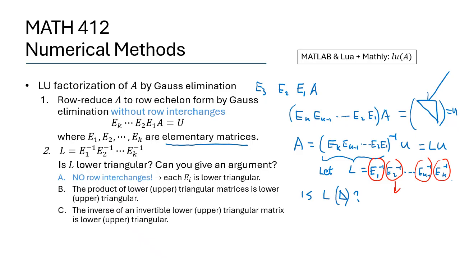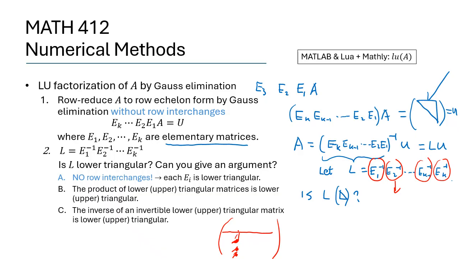Because there is no row interchange, we always work on a matrix like this. If you are working on the nth row, we use it to eliminate the terms below it, so you are not working on the top one. So the operation is always this row times something added to this row, to this row, to this row.